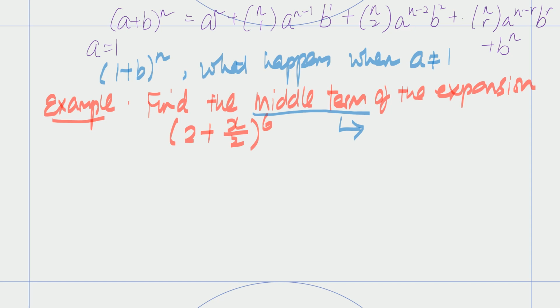All right, let's look at the expansion. The expansion is bracket 2 plus x over 2 to the power of 6. So this is n equals 6. So when you have n equals 6, how many terms do you have all in all?